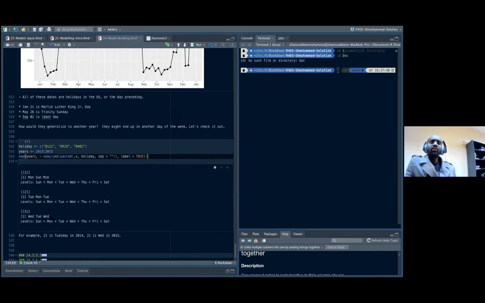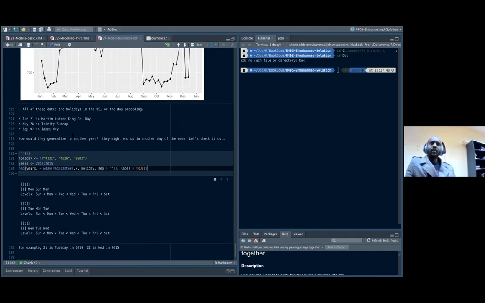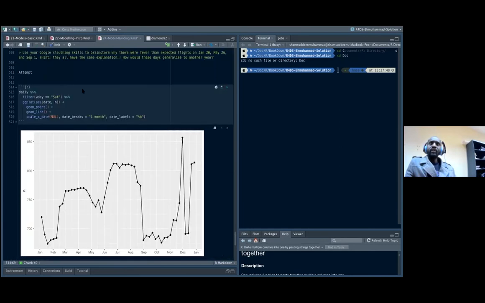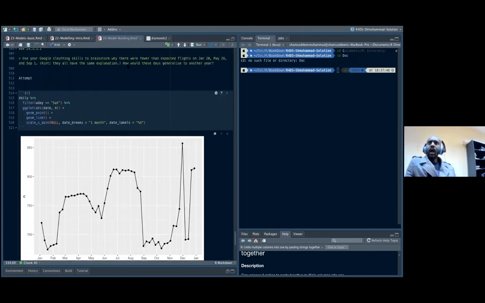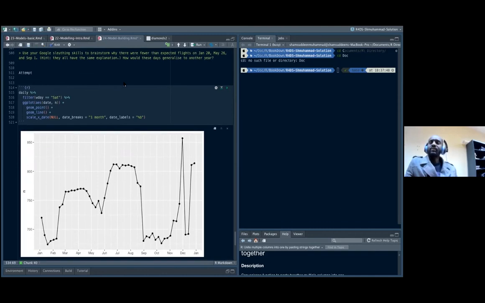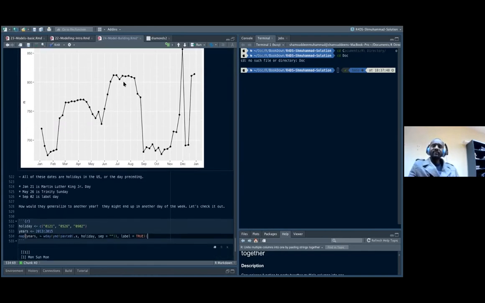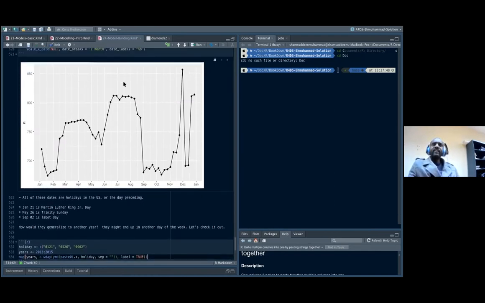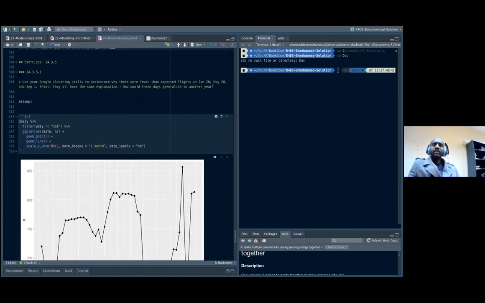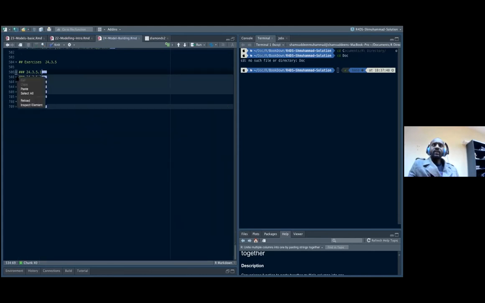So they don't actually generalize to the same day in other years. So that is what this means. The question, how will these days generalize to another year? They will just fall into another day, which is obviously something obvious. So any question? No. Right. So this is this one. So let's go to the next one.